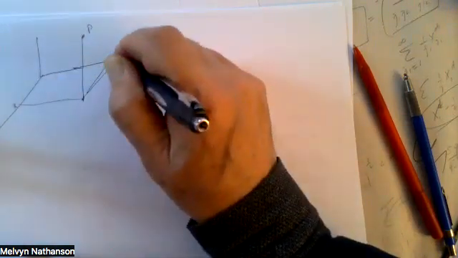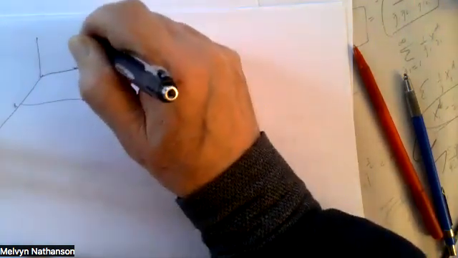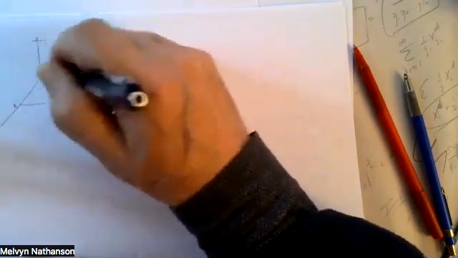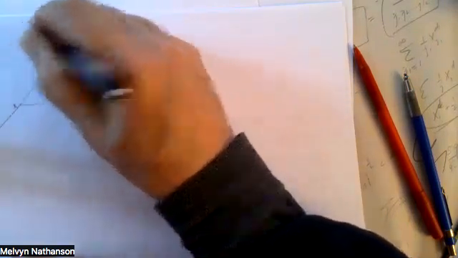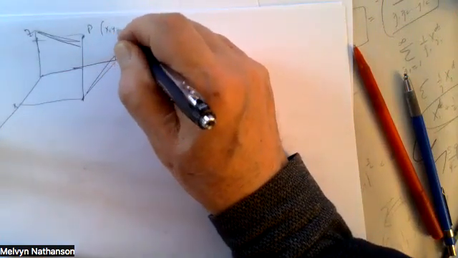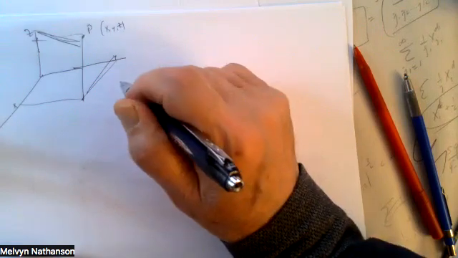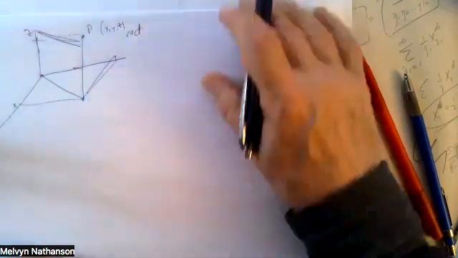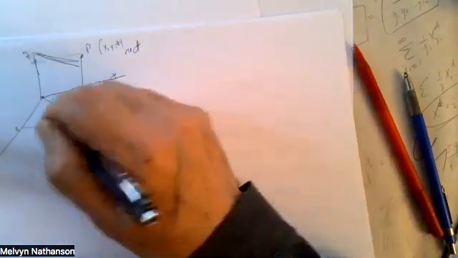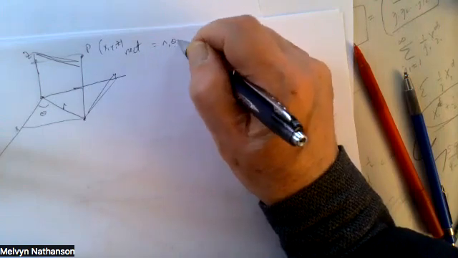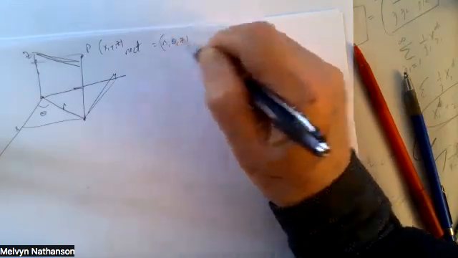This is X and this is Y. And then you drop the perpendicular to the Z axis. The rectangular coordinates are X, Y, and Z. If this is R and this is theta, the cylindrical coordinates are R, theta, and Z.